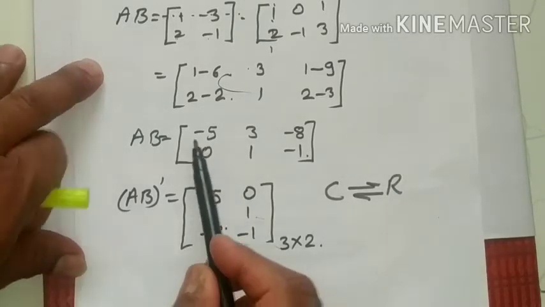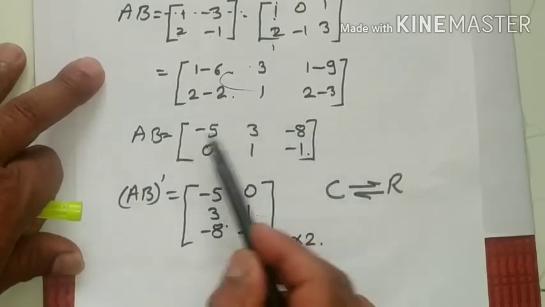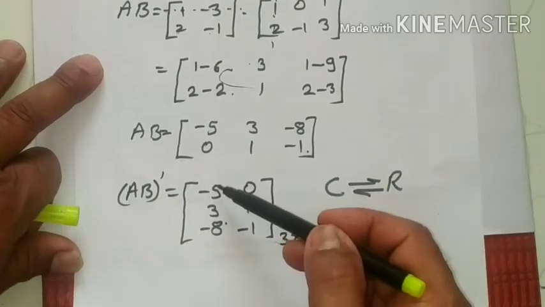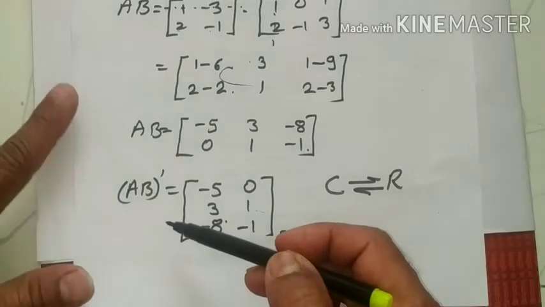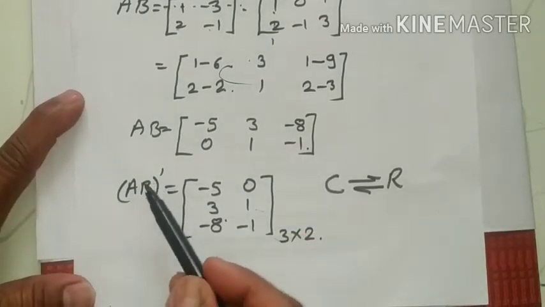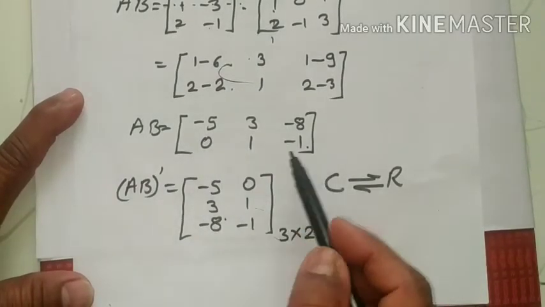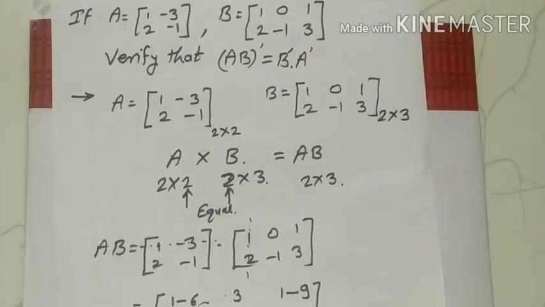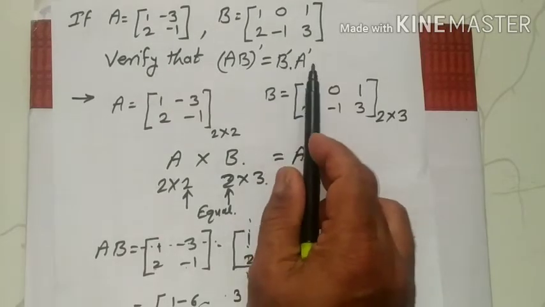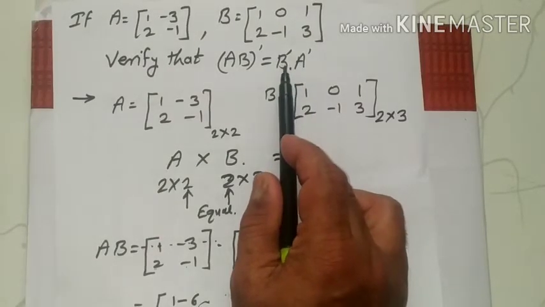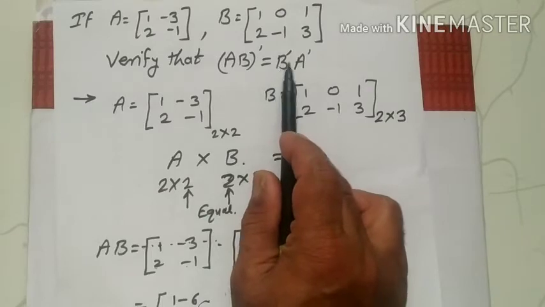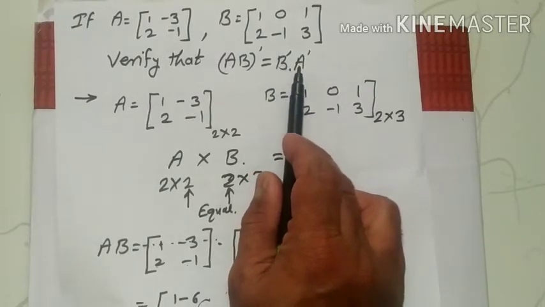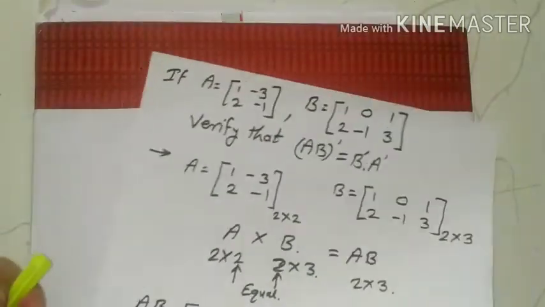So here the first row of the product AB is converted into the first column of AB dash, and similarly the second row is converted into the second column. Now to verify the right hand side part. Here the right hand side is B dash into A dash, that is, transpose of B multiplied by transpose of A.